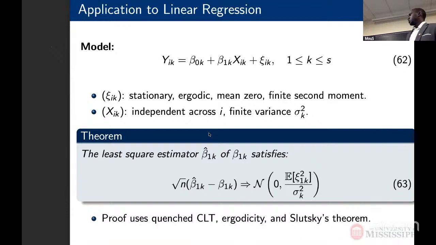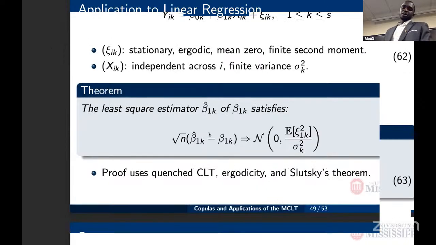So under these conditions, the least squares estimator, beta hat 1k of beta 1k, satisfies the limit theorem given by 63. The proof of this result uses the central limit theorem, ergodicity, and Slutsky's theorem. And this result on the linear regression estimate marks the end of our theoretical results.